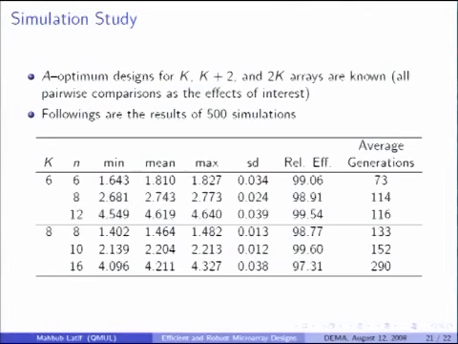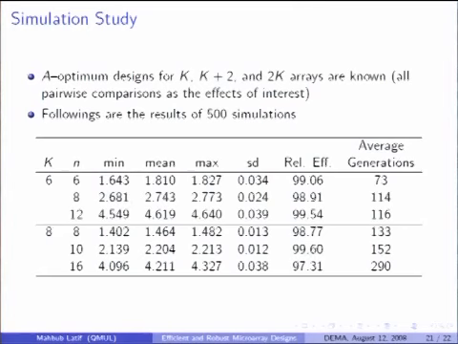I did 500 simulations, and I found this is the E-optimality value of the best design, and more than 95% of the time the algorithm can get the design. I also tried to regenerate the design I got, and more than 95% of the time I get the design which I got before.